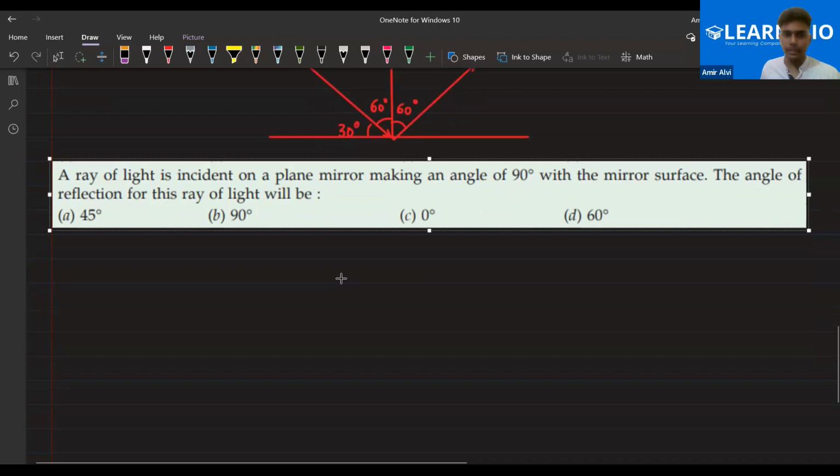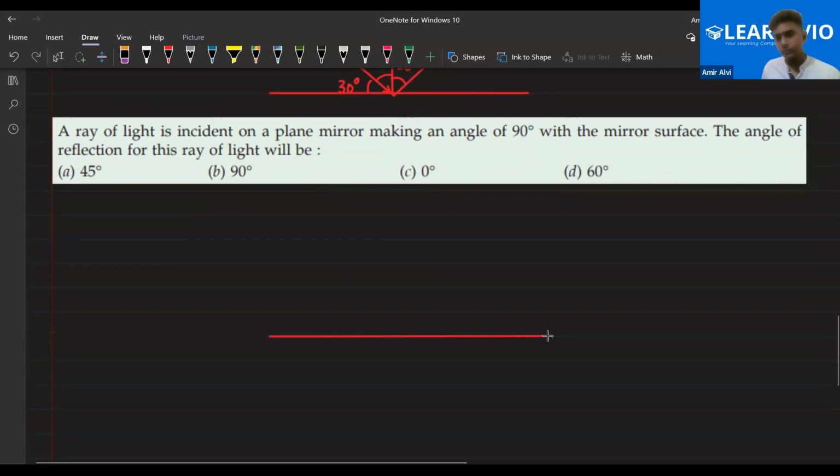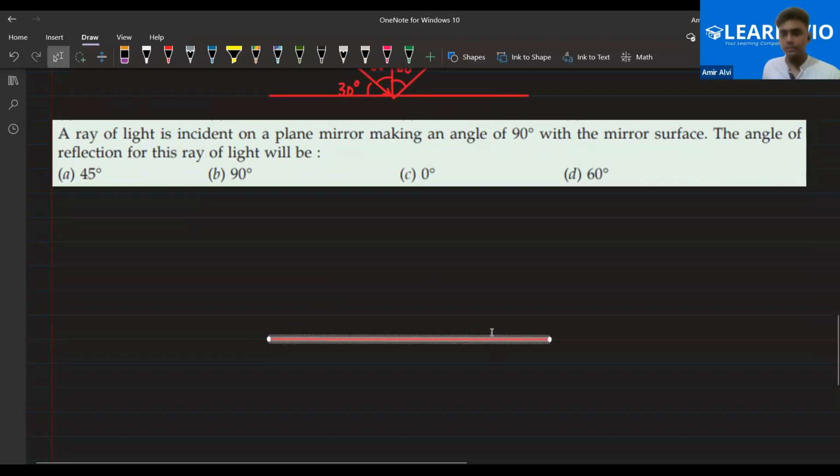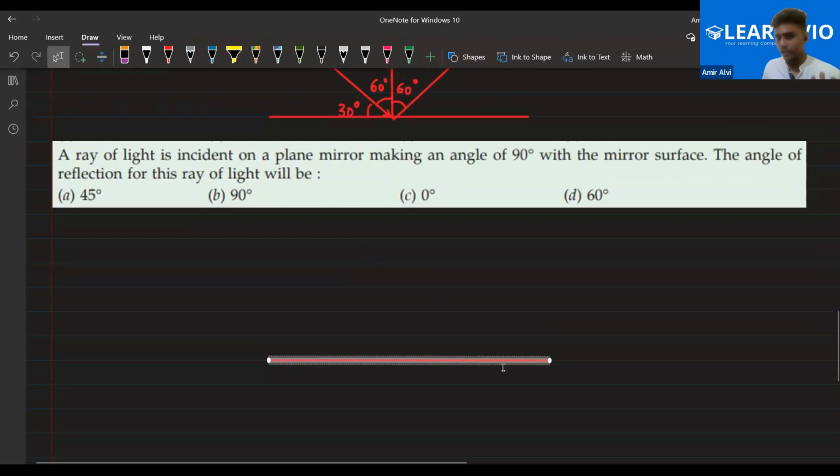What does this mean? So this is a plane surface, a plane mirror, like this. The question is asking: if the light ray is getting incident on a plane mirror at an angle of 90 degrees, so light is incident at 90 degrees. Is this the angle of incidence?